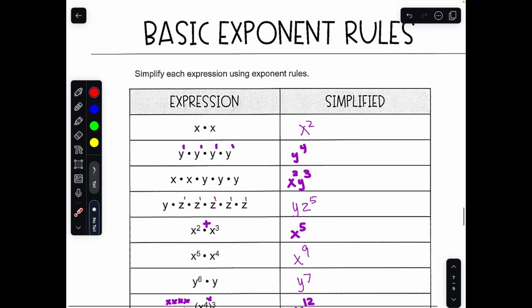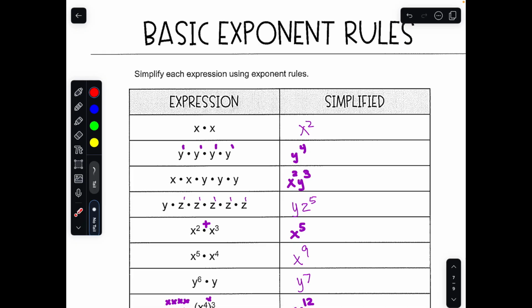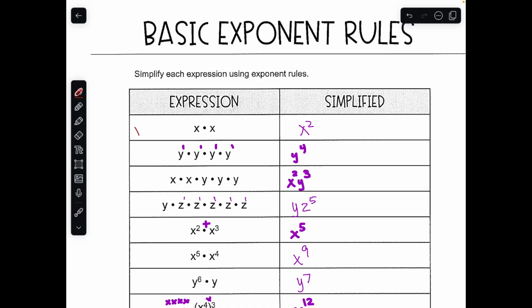All right, let's talk about some basic exponent rules. The difference here is between adding and multiplying. And when you multiply, if I have x plus x, we know because we just did this combining like terms, that would be 2x. But x times x, the rule is you add the exponents. So that's why it's 2 up here, because 1 plus 1 is 2, squared.